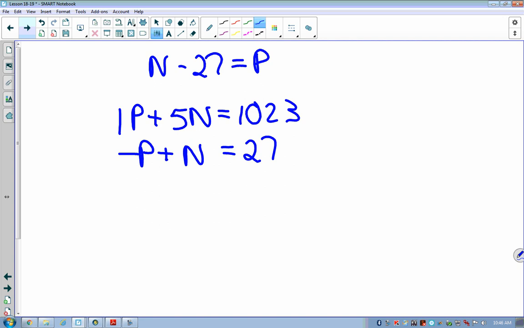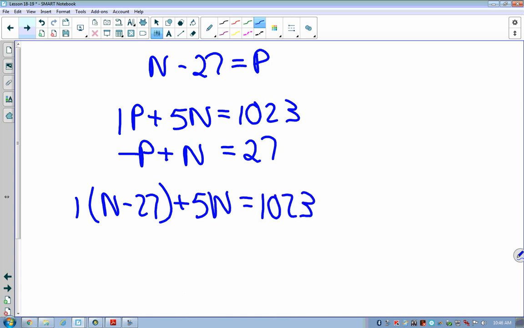If I'm going to solve it, I'm going to say that 1p, which is what a penny is worth, that's just simply n minus 27, plus 5n equals 1023. Okay, so that's 6n minus 27 equals 1023. Can add 27 to that.